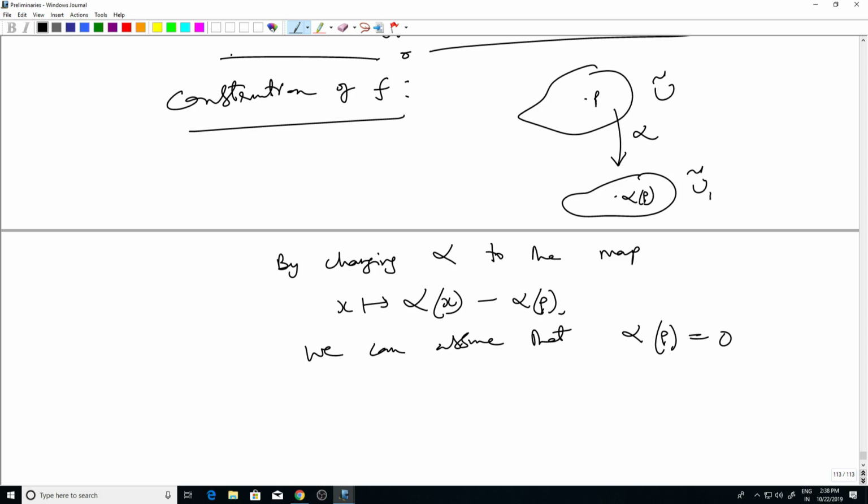Just by translating this map alpha in R^n, I can assume alpha of P is 0.